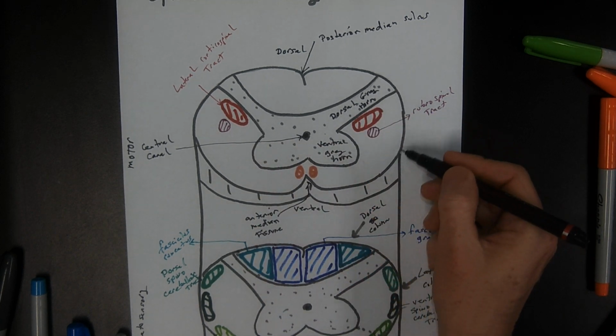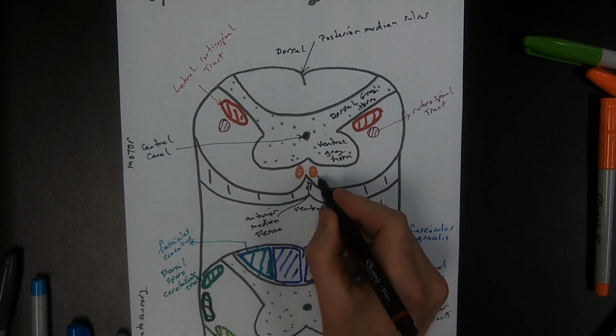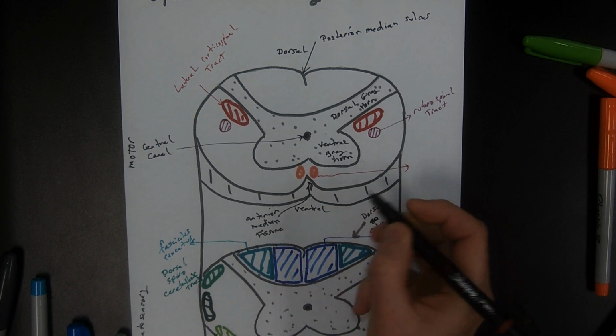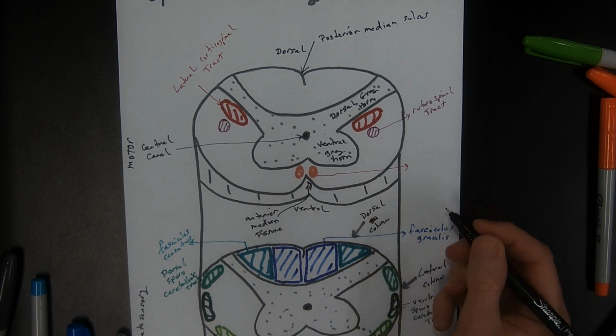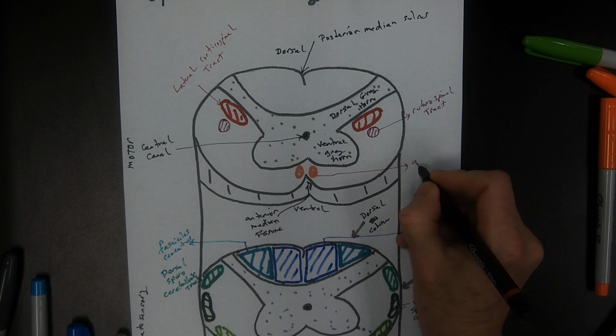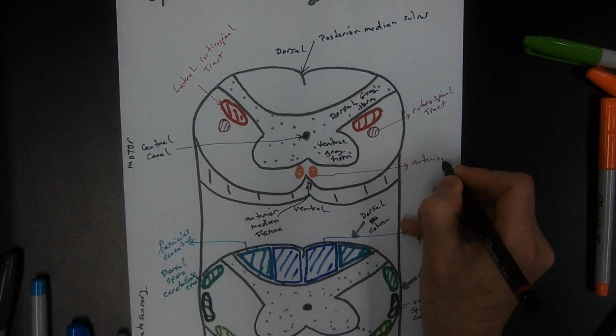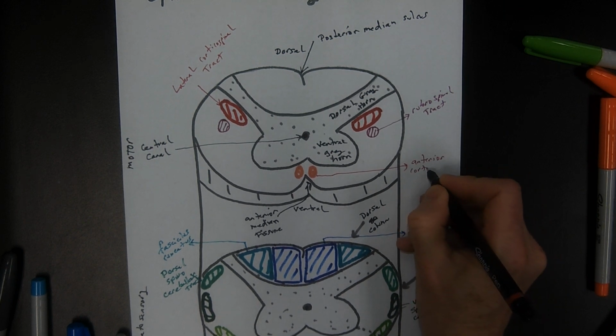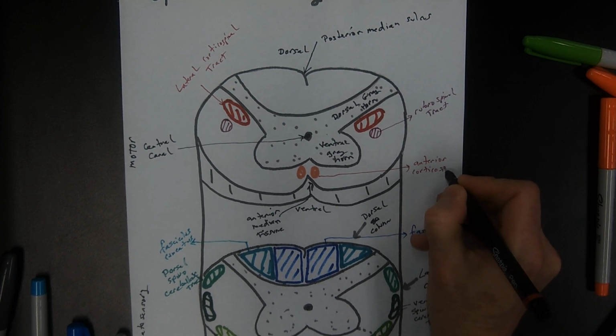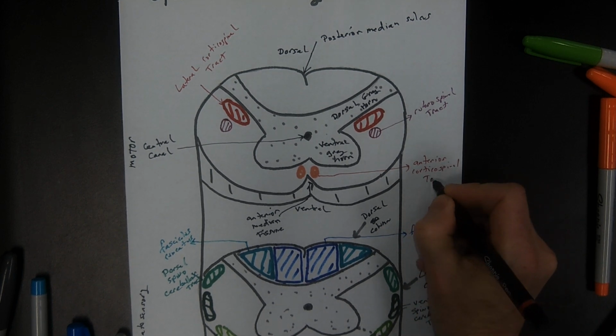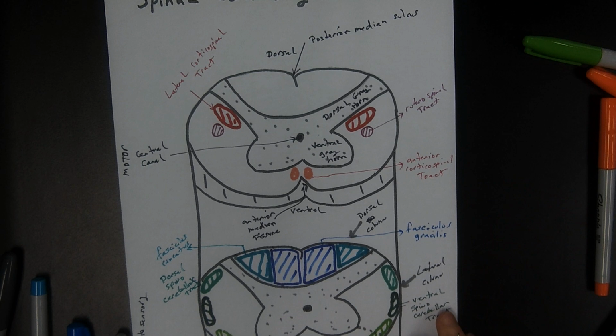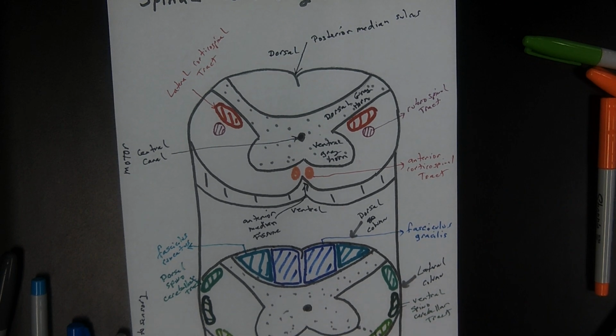It's part of the lateral column system. Here, this is part of your corticospinal tract that's in the anterior column system, and this is your anterior corticospinal tract. Okay, so lateral corticospinal, anterior corticospinal, rubrospinal.